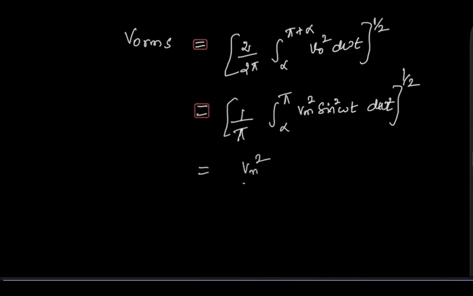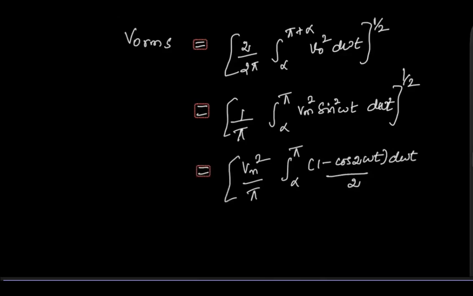We can take Vm square outside, divided by pi. With limits from alpha to pi, sine square omega t can be substituted as 1 minus cos 2 omega t by 2 d omega t, whole to the power 1 by 2.